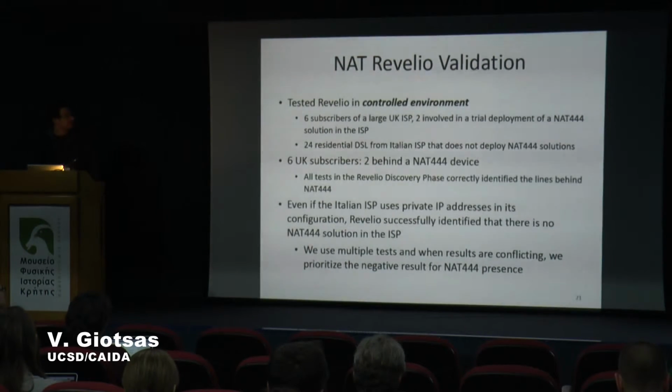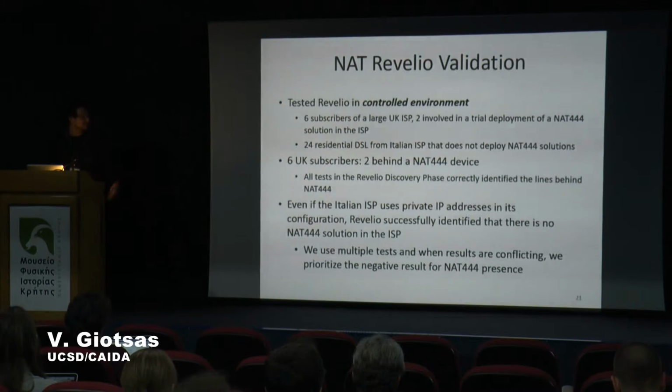So the authors validated Revelio by deploying it in two ISPs for which they knew whether CGN was deployed or not. First, they deployed it in a large UK ISP in 6 subscribers, and Revelio correctly determined that 2 of them were behind CGN.